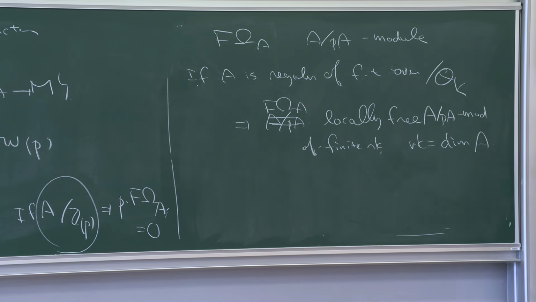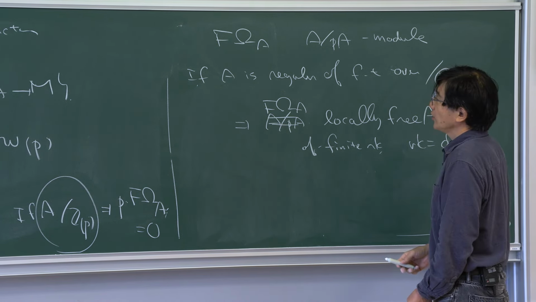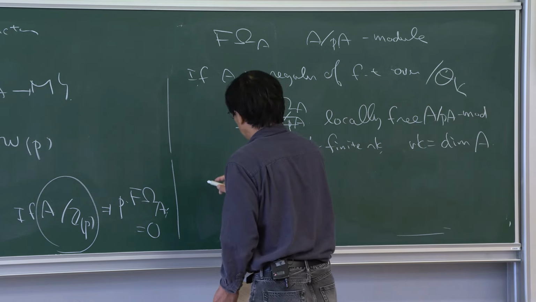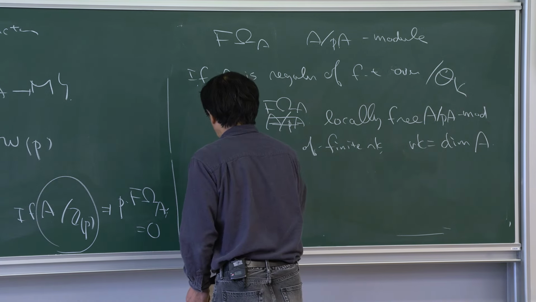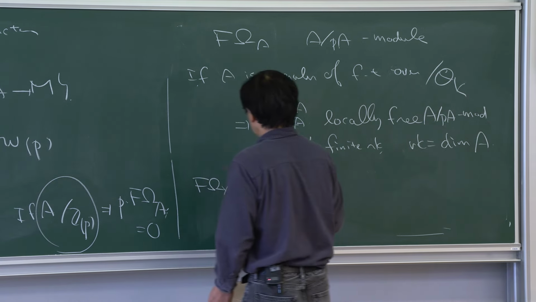So if X is like that, then F omega X is locally free. So this defines a vector bundle.